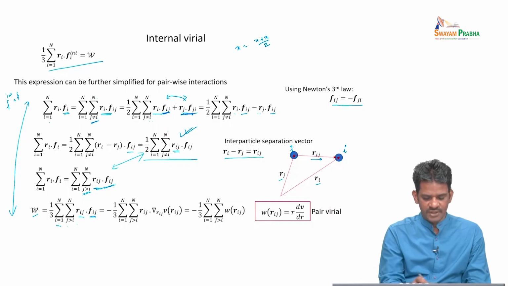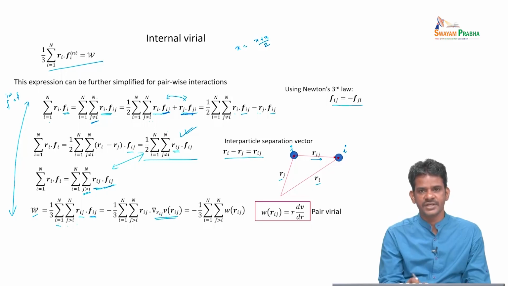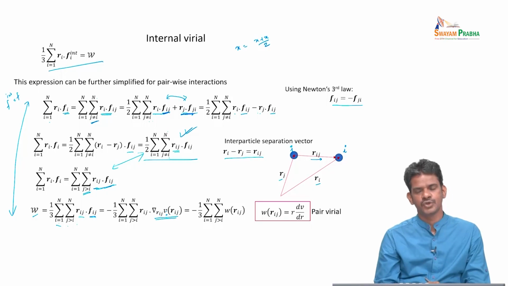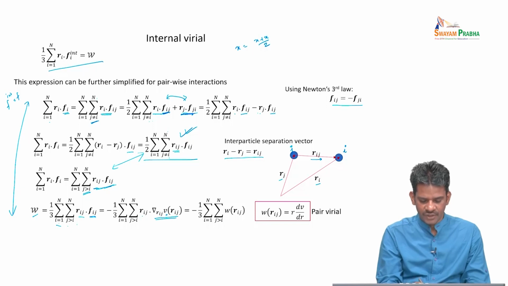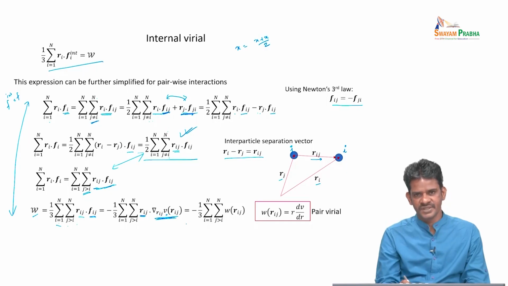This force can be written in terms of the gradient of the potential energy v. This small v here is a pairwise interaction, which could be a square-well interaction or Lennard-Jones interaction, etc. If you look at this, this gradient is a vector and Rij is also a vector, but the dot product of these two is going to be a scalar, and this scalar we write as a pair virial.